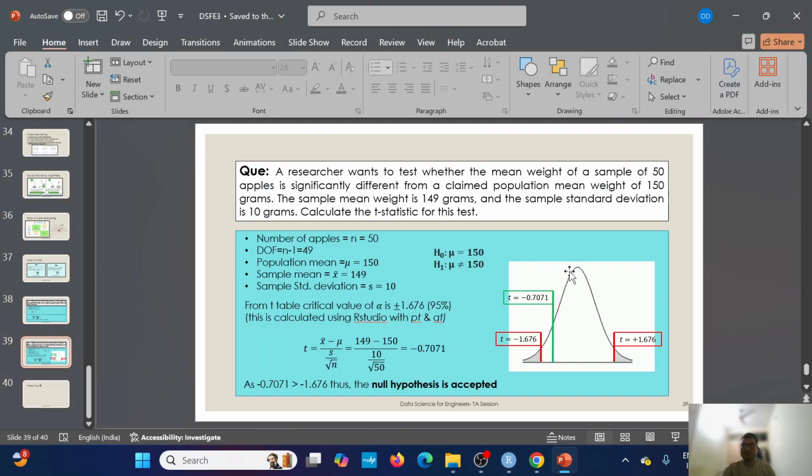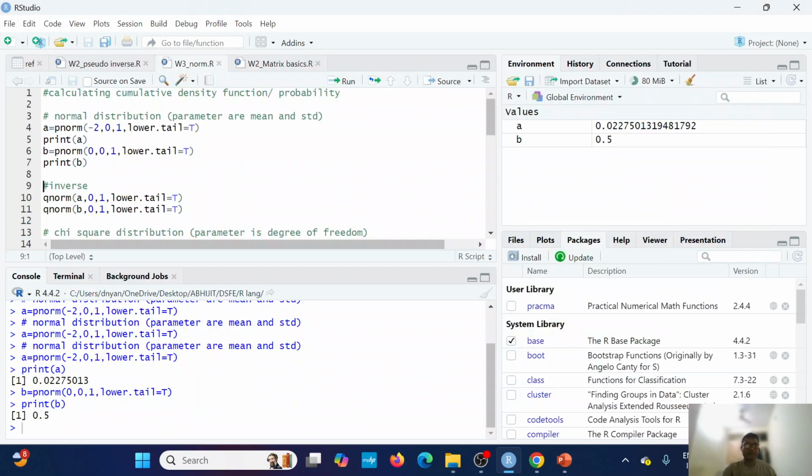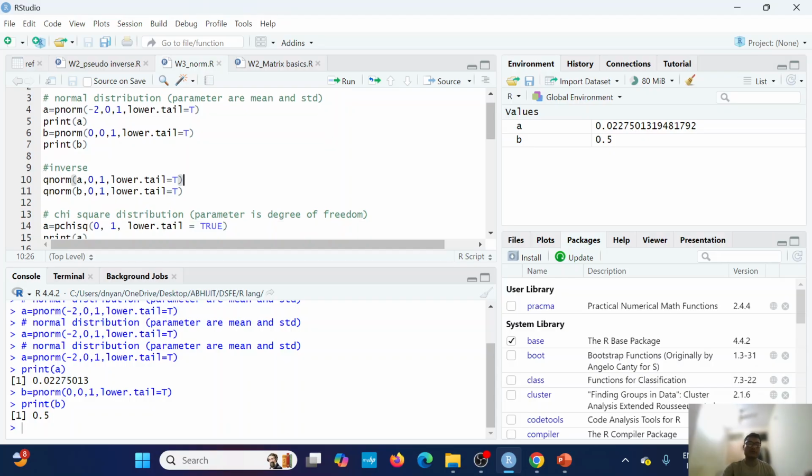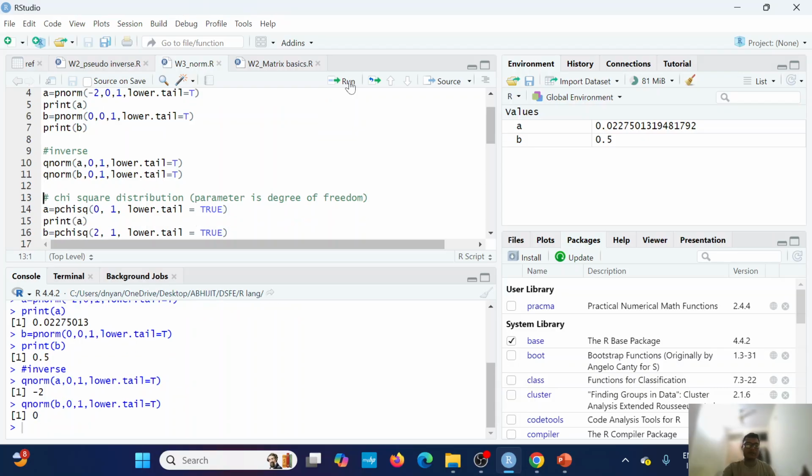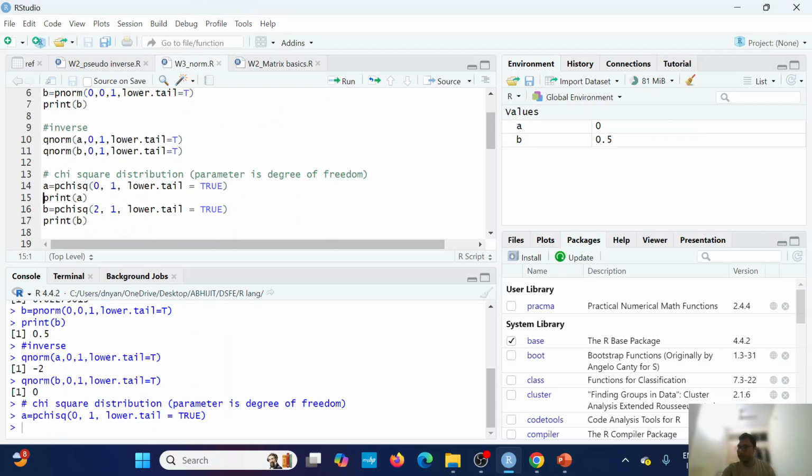In this curve you are able to see that 50% of the area is below 0, and that's why it's 0.5, the area divided by the whole area of one. That's why the answer here is a probability. Similarly, if you want the inverse of it, you give the probability and you will get the number value.